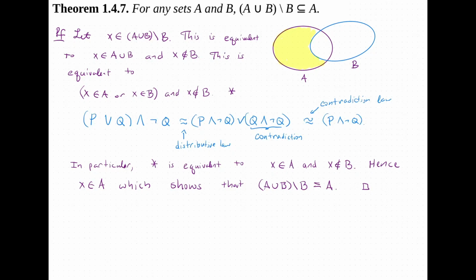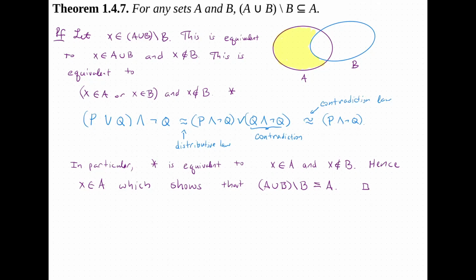Up to here, everything has been defined, but then I introduced this P or Q and not Q and made a reference to how we deduce this using propositions and logical connectives and the laws from the last lesson. But I never said what P, Q were.